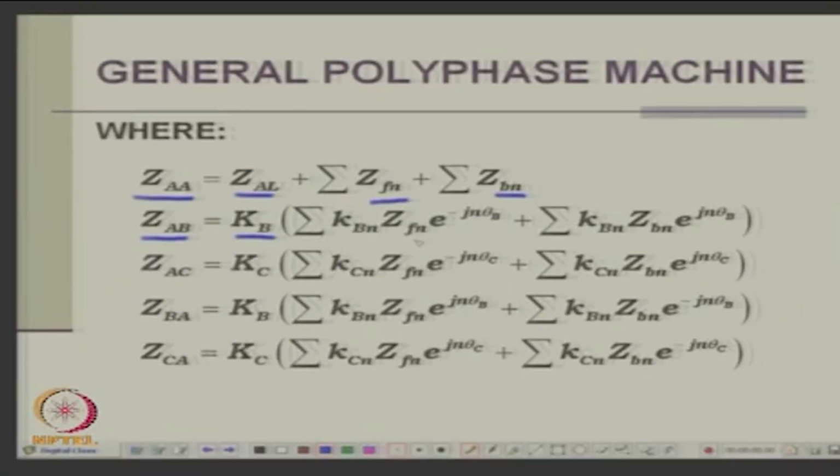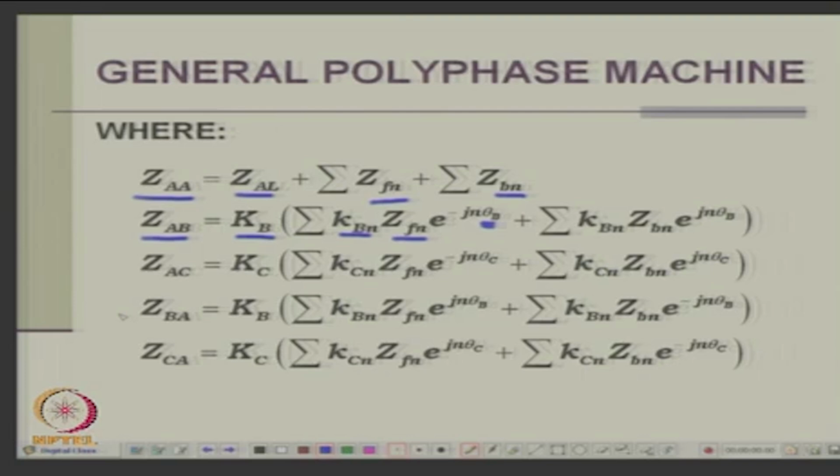Then what will happen? Since the B winding has Kb times the number of turns of the A winding, Kb will be there, and the voltage induced will also have the nth harmonic factor Kbn. If Zfn was inducing a voltage in the A winding, it will induce a voltage Kb, Kbn times Zfn, and it will induce after theta b, because it is located at theta b angle with reference to A winding.